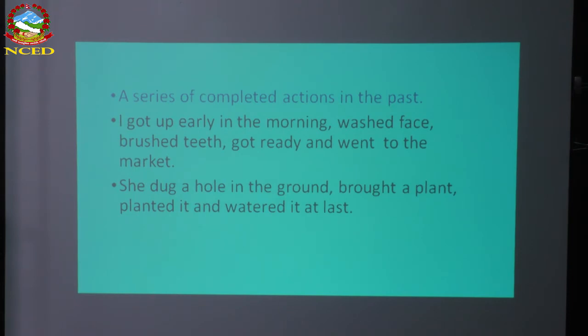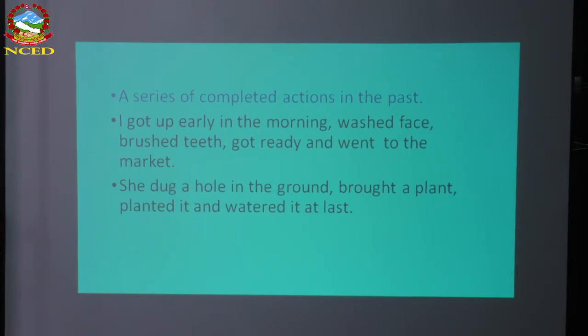The next situation is a series of completed actions in the past. A series of actions, one after another. Example: I got up early in the morning, washed my face, brushed my teeth, got ready and went to the market.